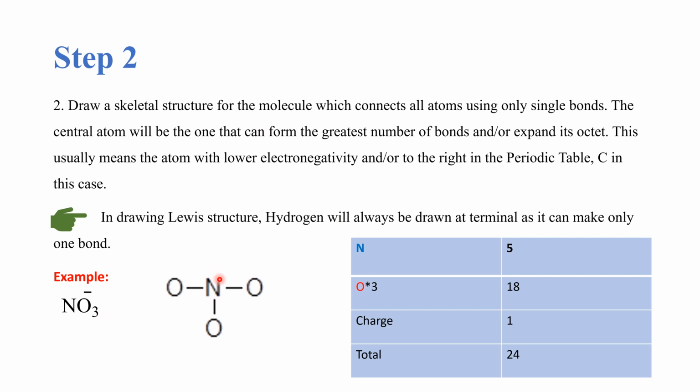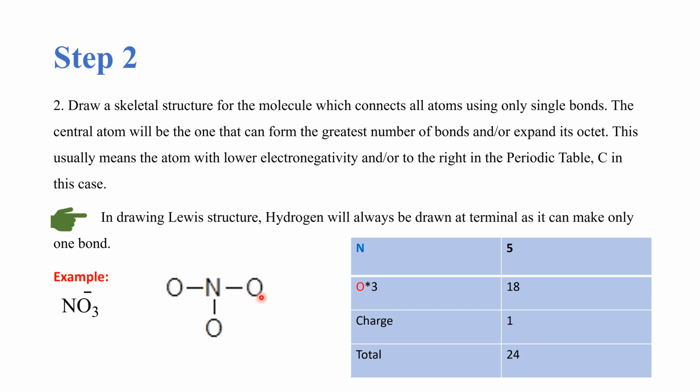So remember that you have to keep in the center the element or atom which has lower electronegativity than the other atoms, or which is on the right side of the periodic table, or which is able to make more bonds, right?